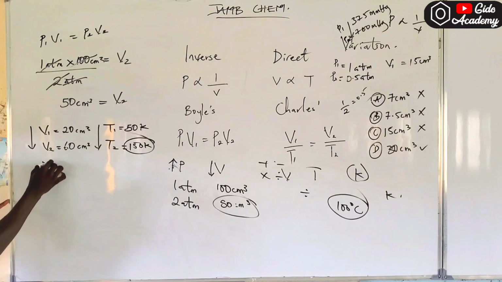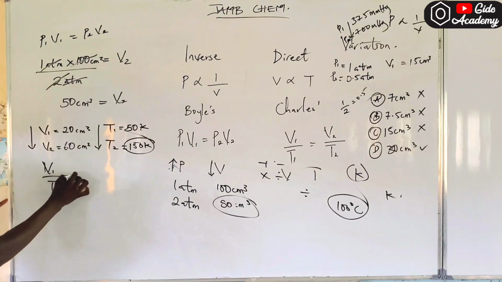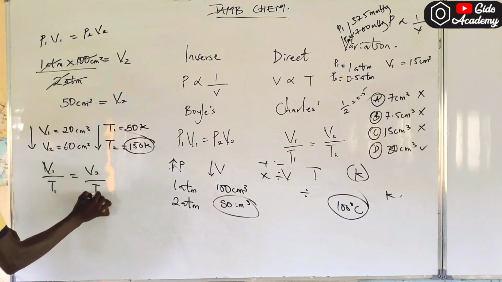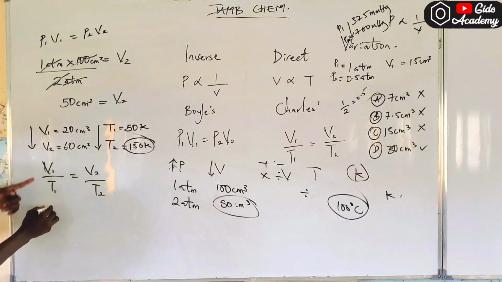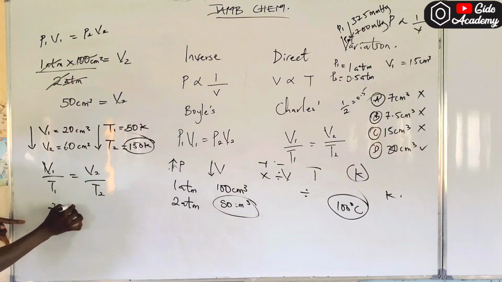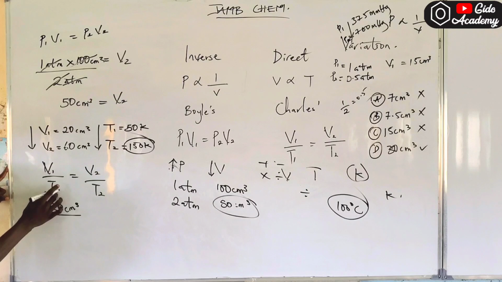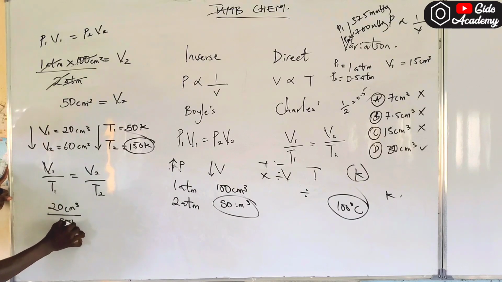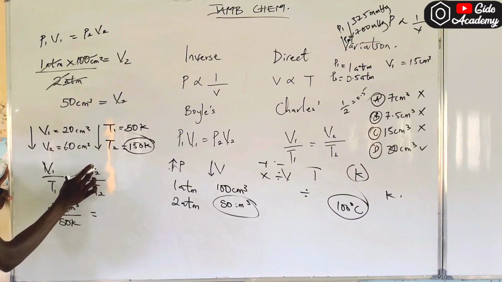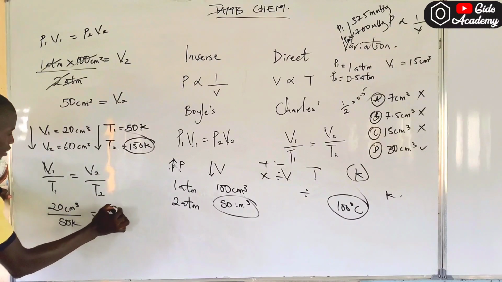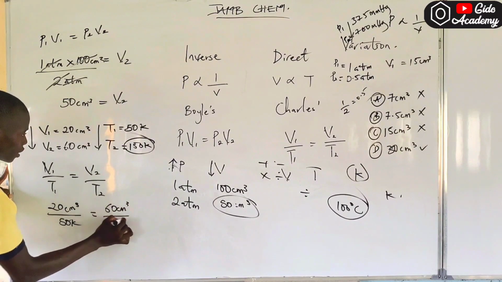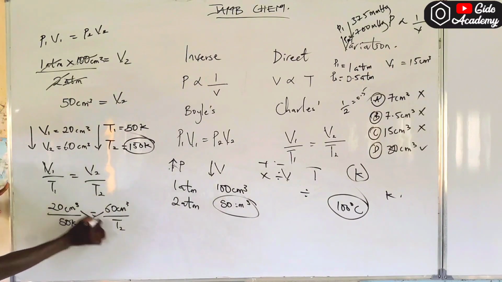We have V1 over T1 is equal to V2 over T2. So our V1 is 20 cm cube. Then our T1 is 50 Kelvin, is equal to my V2, 60 cm cube, all over T2. Now let's cross multiply.